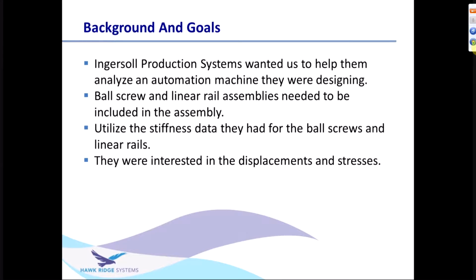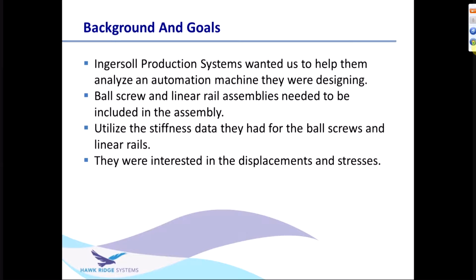So Ingersoll basically wanted us, or was in the process of designing an automation machine, and one of their engineers actually posted a question on the SOLIDWORKS forums wondering how to go about setting up a study to account for the ball screws and linear rails that they had.